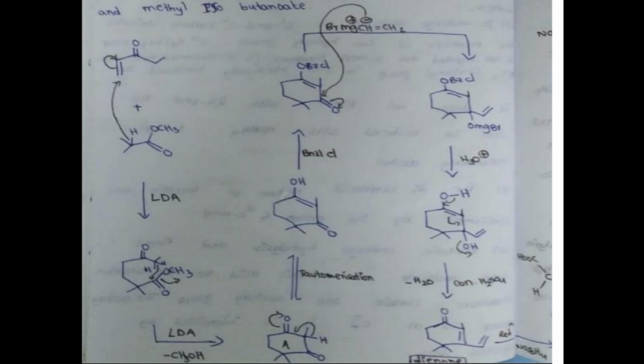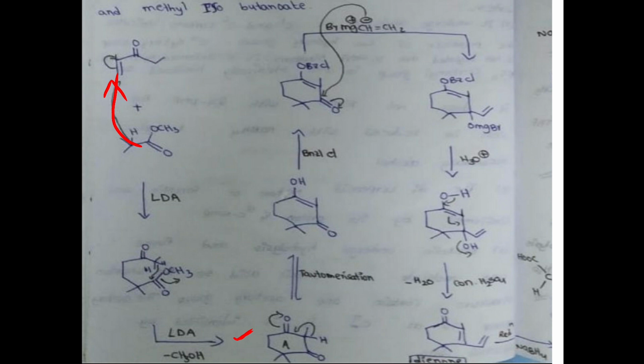This carbanion attacks the vinyl carbon and forms a new bond with ethyl vinyl ketone, which on further reaction with lithium diisopropylamide undergoes cyclization by the loss of methanol to form a cyclic 6-membered diketone. So we prepared ring A first.